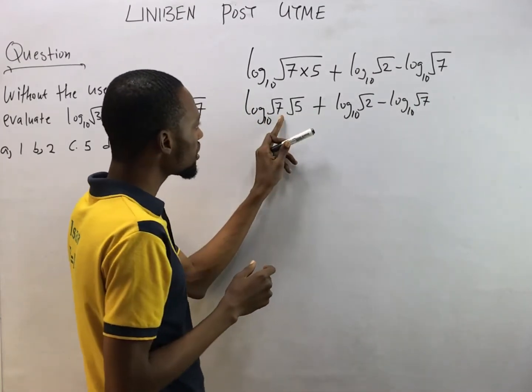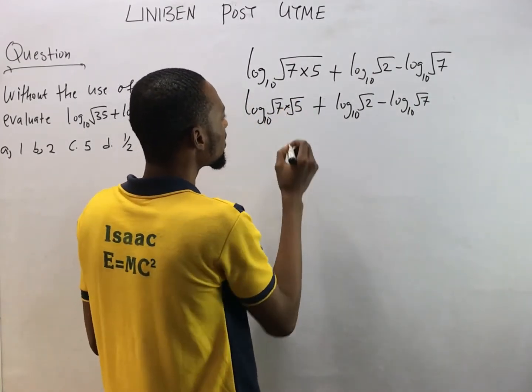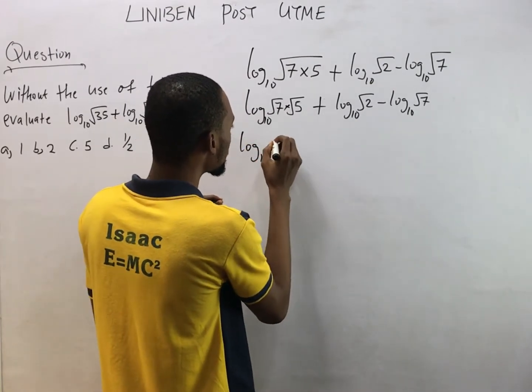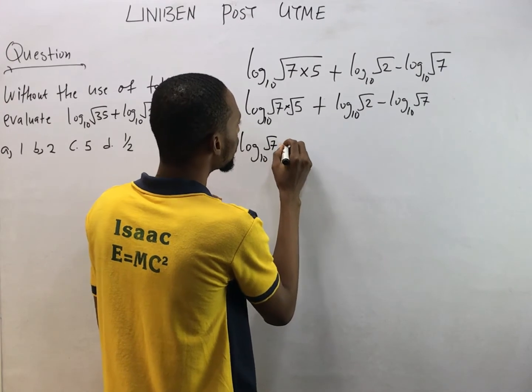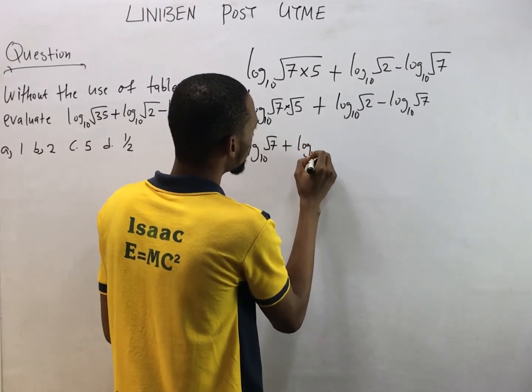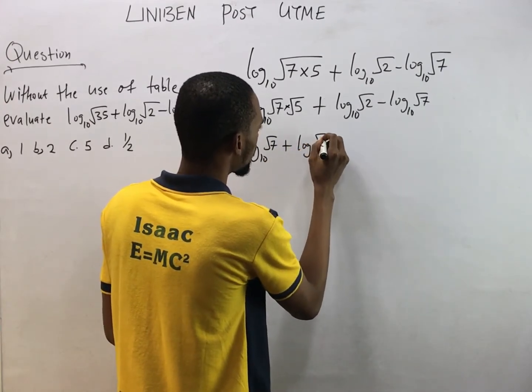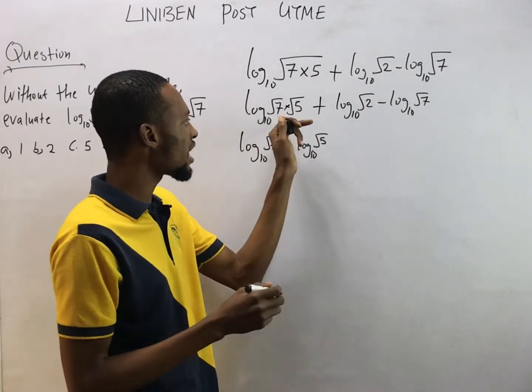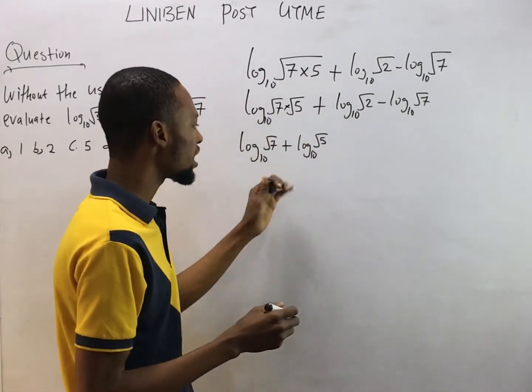Now, having this multiplying, it is the same thing as log 10 root 7 plus log 10 root 5. So that's how you convert multiplication to addition.